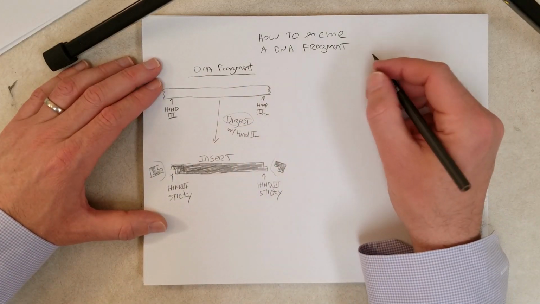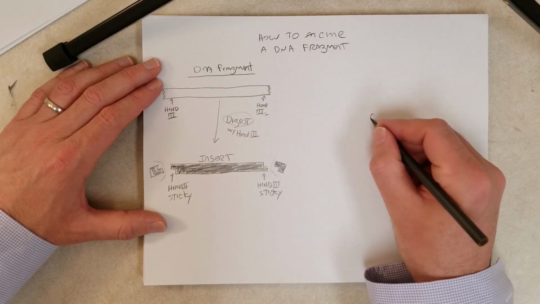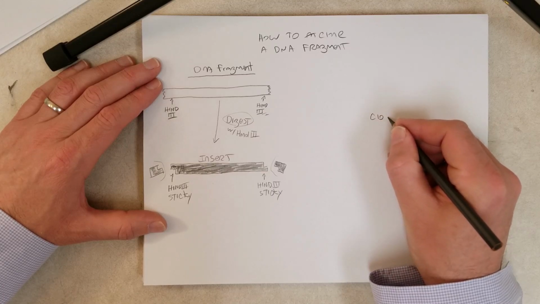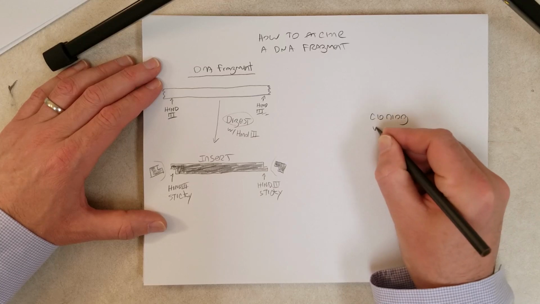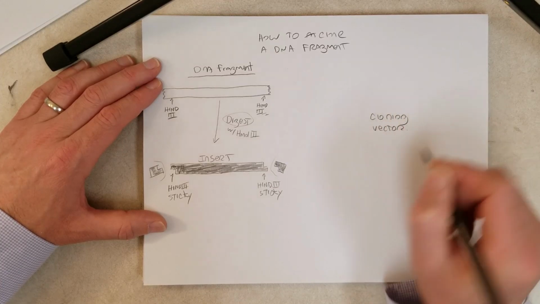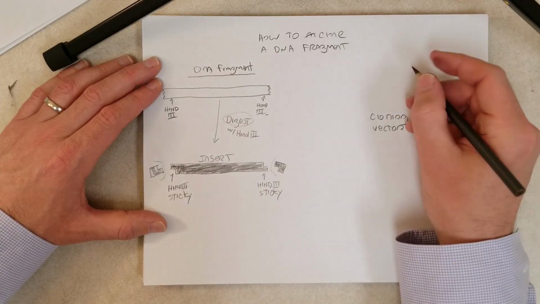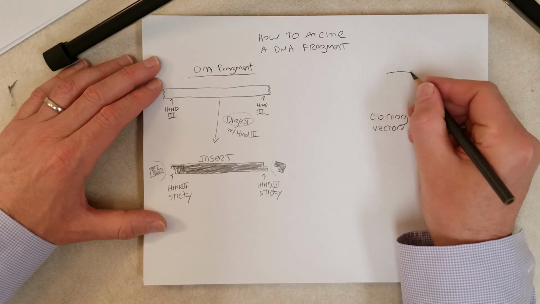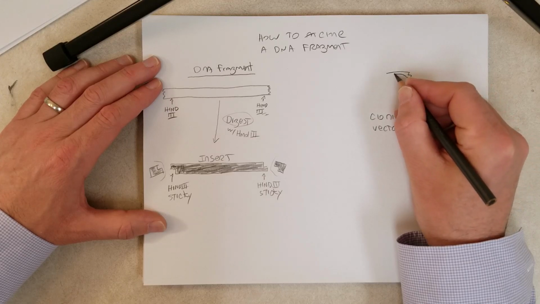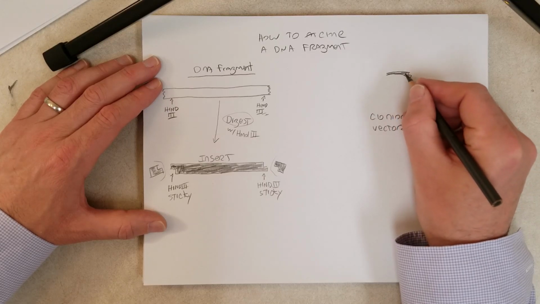Now, we are also going to have to digest the cloning vector with the same restriction enzyme. And that's going to give us something that looks like this. Now let's see if I can conceptually diagram this in a way that's not too confusing.